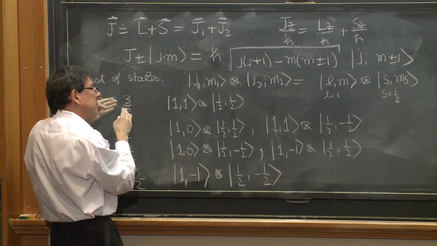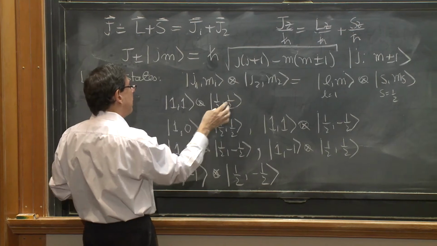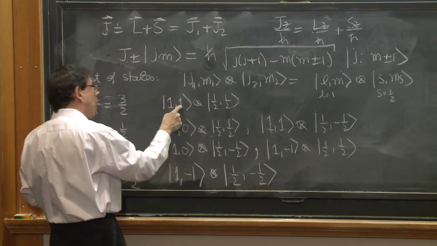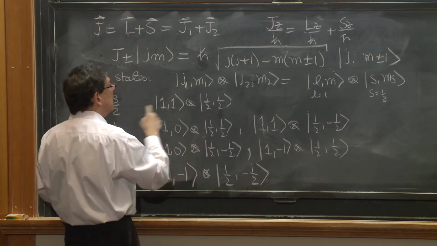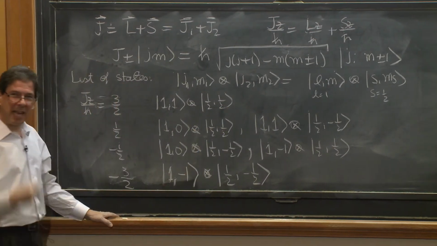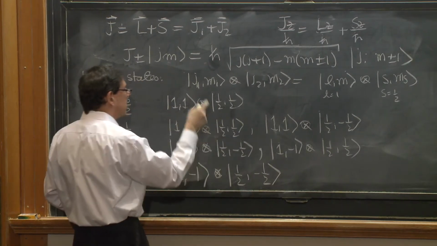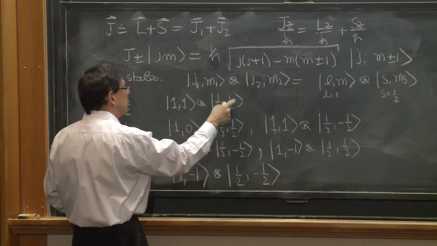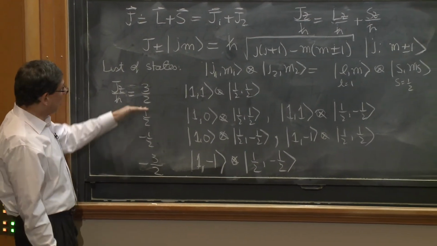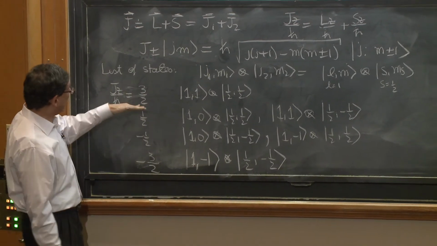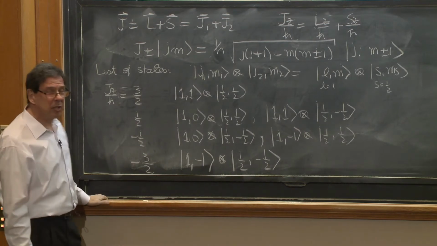The Sz comes in and says, oh, I belong to the second state, and gives you 1/2 times the whole state. So you get 1 times the whole state from Lz, 1/2 times the whole state from Sz. Therefore, the naive thought is true: the value of Jz of this product state is the sum of Lz plus Sz. So it's 3/2. Surprise, you could diagonalize Jz without forming linear combinations.